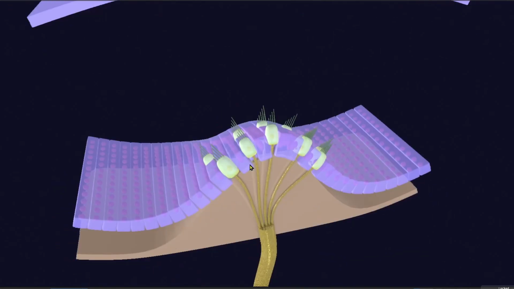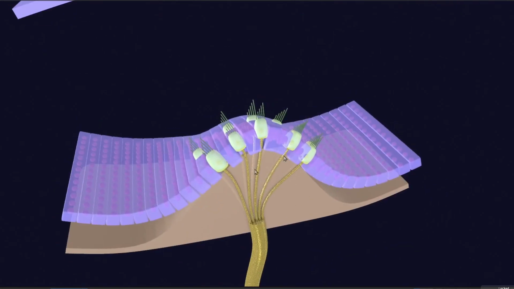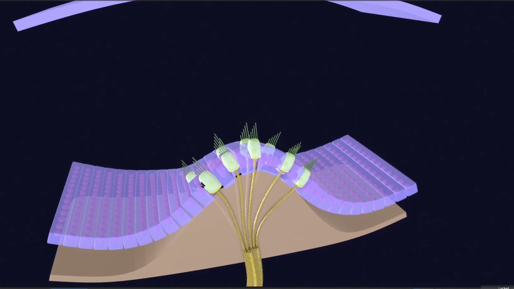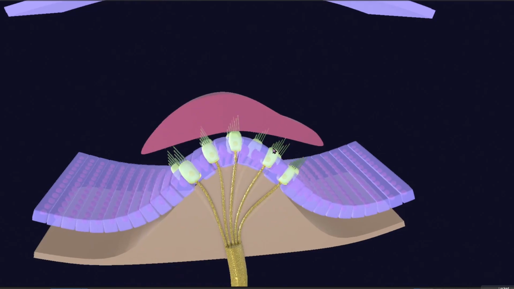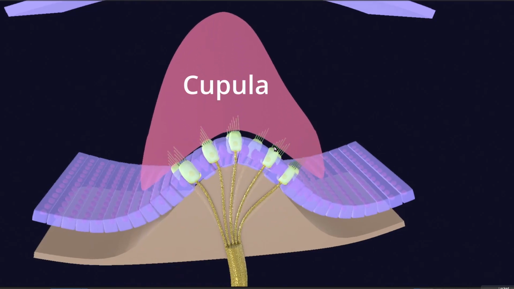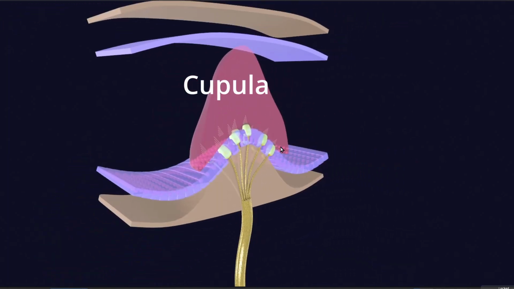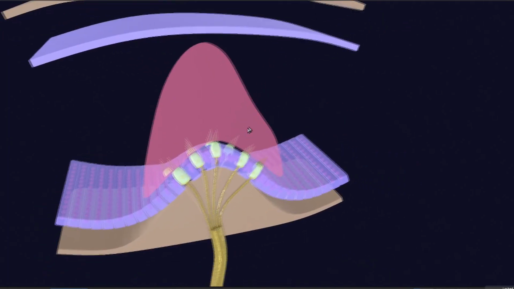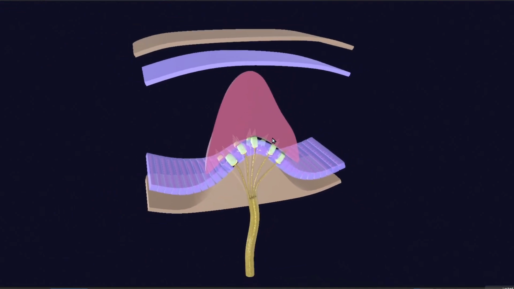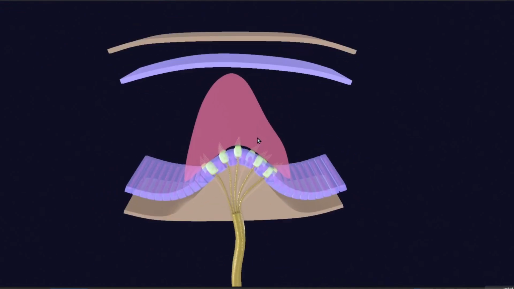Now these epithelial cells, and perhaps the hair cells as well, well, to be honest, the exact origin of the cupula is not known. They will secrete gelatinous material on top of it, and this gelatinous material is called the cupula. So here the cupula is formed. That is all about this sensory organ of the semicircular canal, the crista ampullaris.